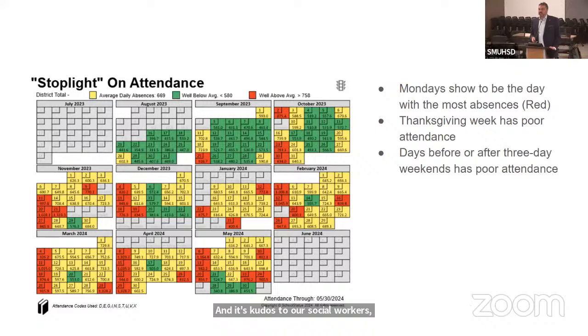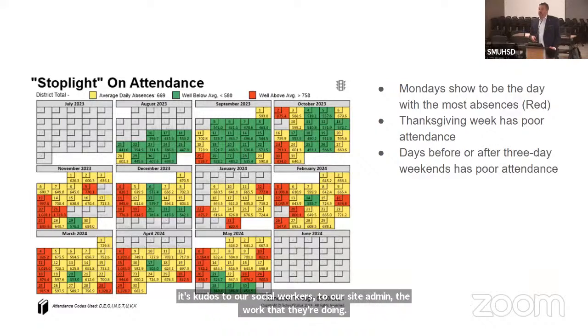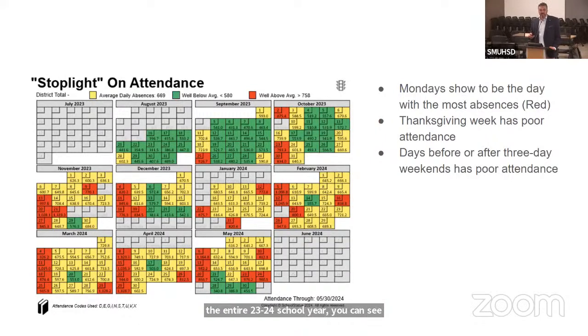Some other things to look at. Here's the entire 23-24 school year. You can see red is sort of a high volume day for absences. Now, these are also on Mondays, so they are going to be higher because we have multiple periods that day. So if students miss more individual periods, then it's going to be at a greater rate.